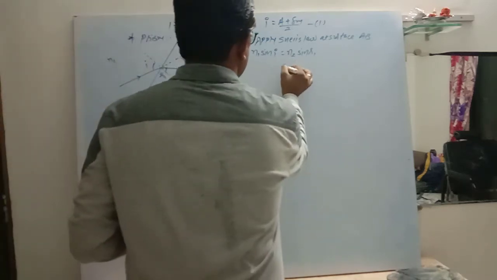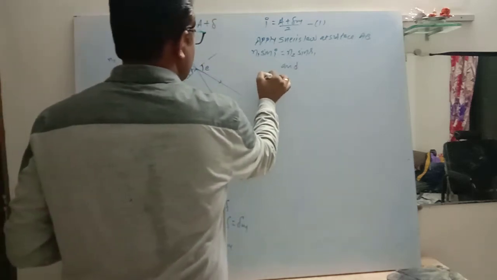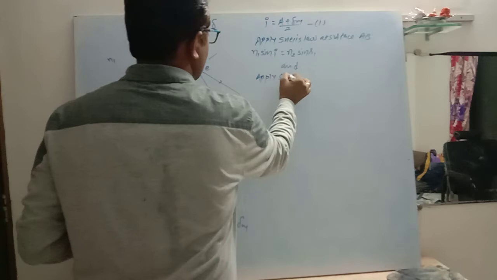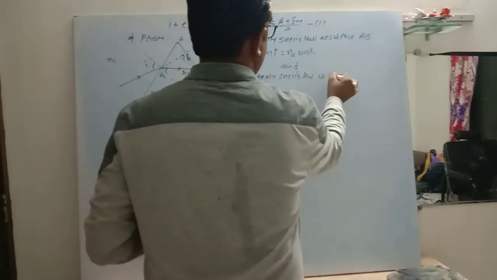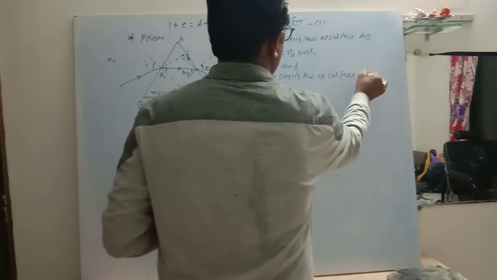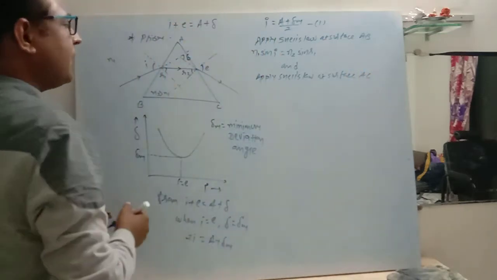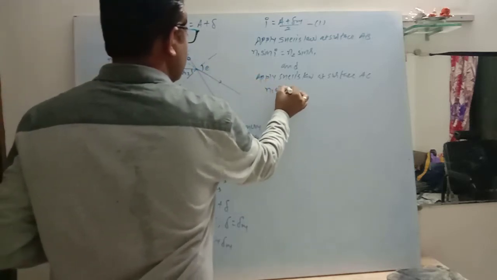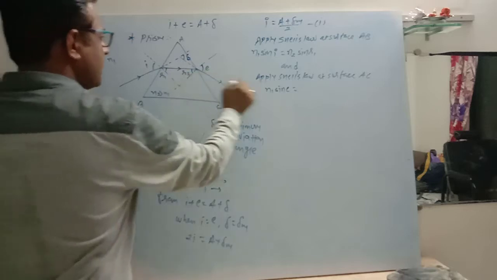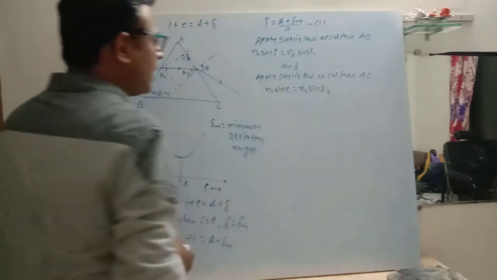And apply Snell's law at surface AC. Then the medium is the same. We can say eta 1 sin E is equal to eta 2 sin R2.